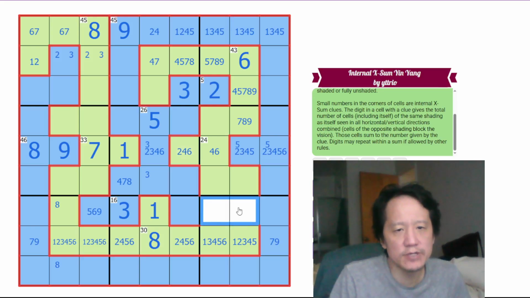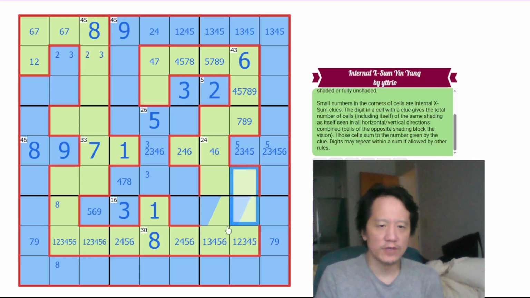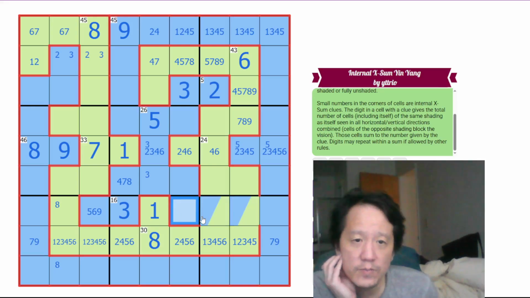One of these is green, one of these is blue. We're not sure which is which. The green because you have to connect the green, the blue because otherwise it would be a 2x2 area with all green if they were both green, so that can't be the case.